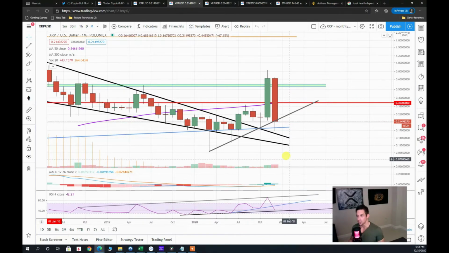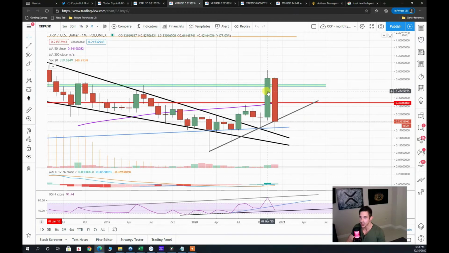We're now looking at the monthly. If you are bullish on XRP, or I don't know how you can be really bullish at this point, but if you want to see price appreciate in value, this monthly candle cannot look the way it does right now. Right now, this is a bearish engulfing candle. And what I mean by that is the body of this red, just focus on the red body here, it totally encapsulates this prior monthly candle in November.